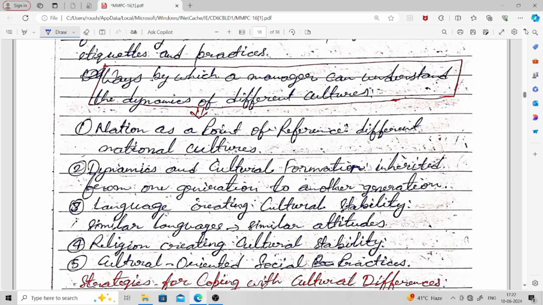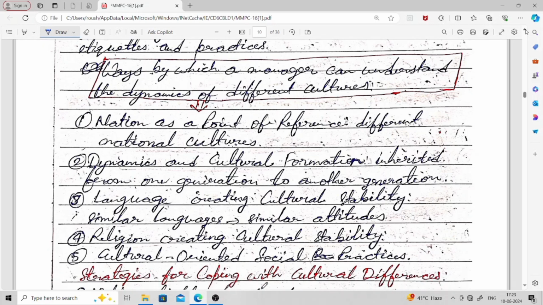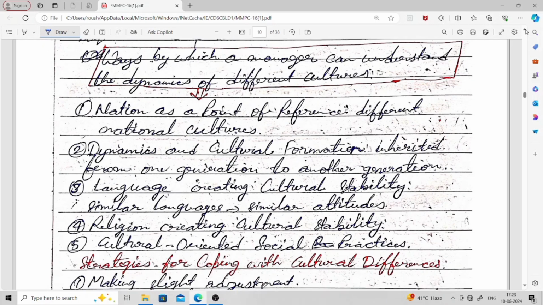Then the second is dynamics and cultural formation, meaning culture is inherited from one generation to the next generation. That is what a manager should consider for understanding a foreign culture.